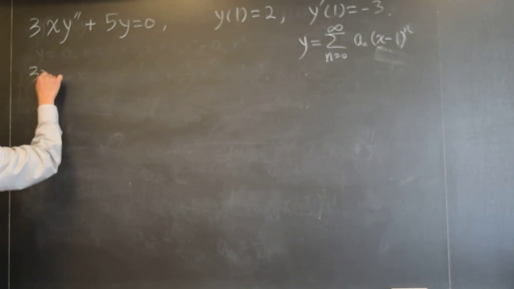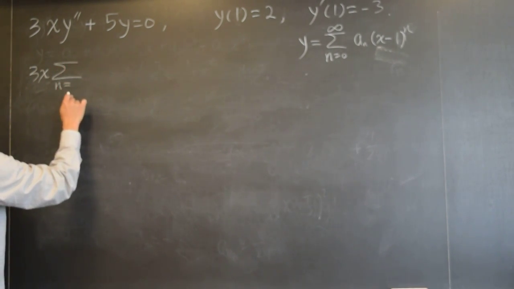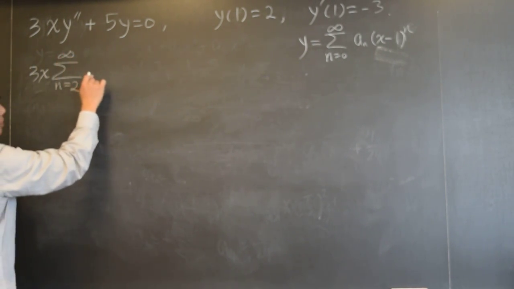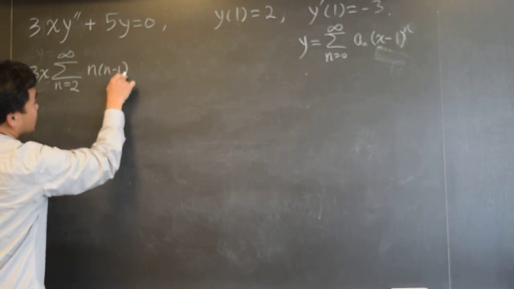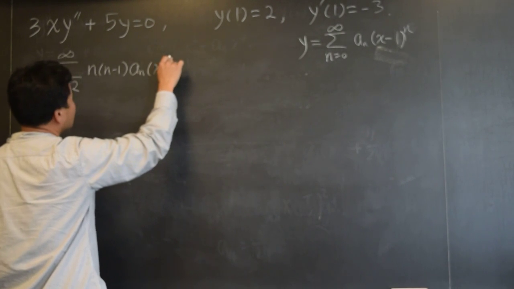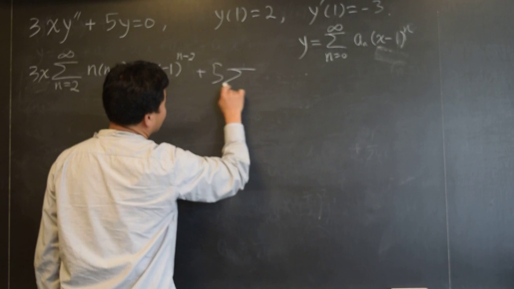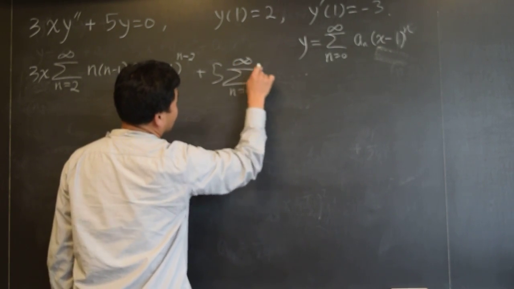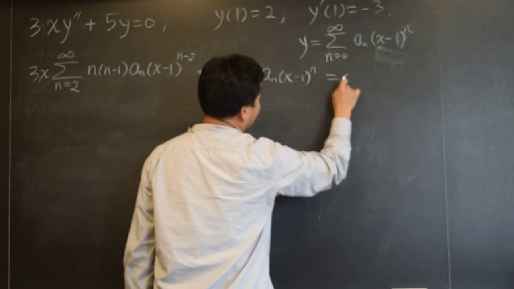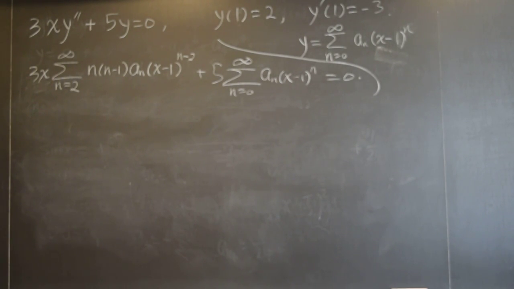So what do you get? 3x times sigma n from 2 to infinity, if you differentiate twice, of n times n minus 1 times a_n (x minus 1)^(n minus 2), plus 5 times sigma n from 0 to infinity of a_n (x minus 1)^n. That has to equal 0. So that's what you get if you plug in that thing.